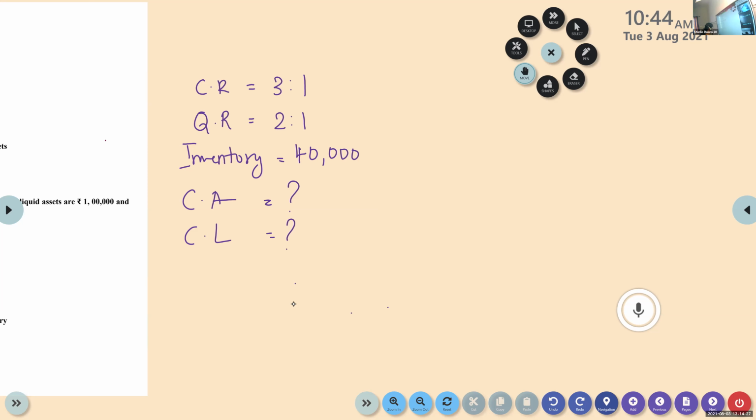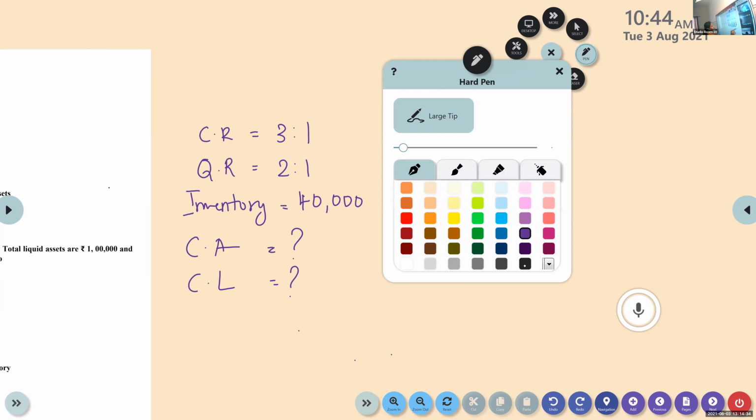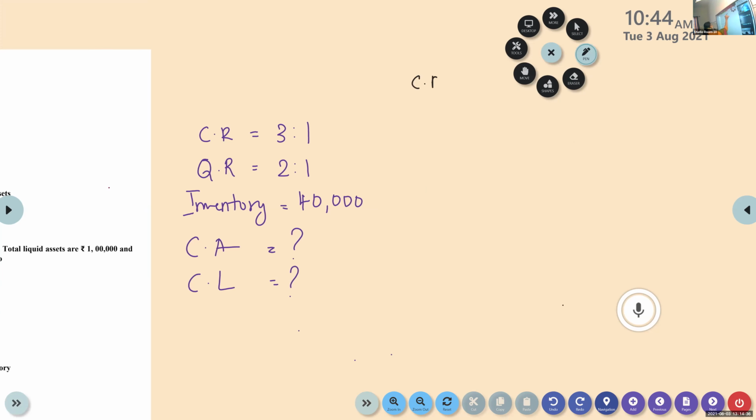So current ratio, how to find current ratio? Current asset divided by current liability is equal to 3 by 1. Just let me check.